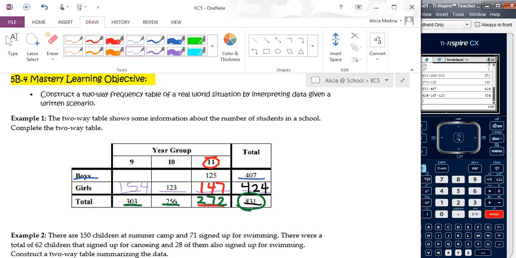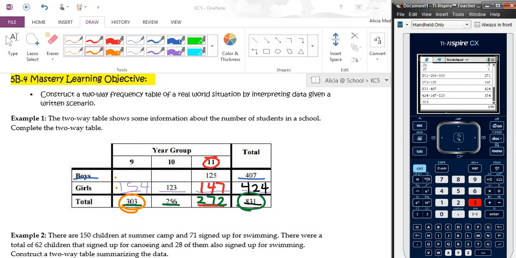So now I'm going to look at the total number of freshmen there are, this 303. I know I have to combine the boys and girls, so I'm going to take my 303 and subtract the amount of girls to give me the amount of boys, which is 149.